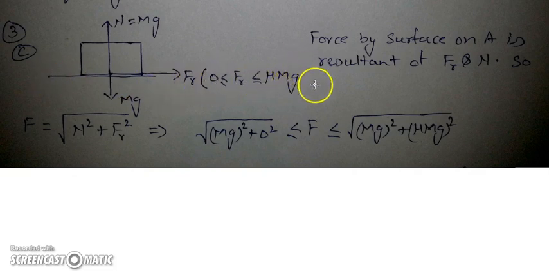F is the resultant of normal and friction. So F will be least when friction is least, which is 0, and F will be max when friction is max, which is mu s mg. This is the maximum value of the total contact force, and that is the minimum value. So C is the only correct option.